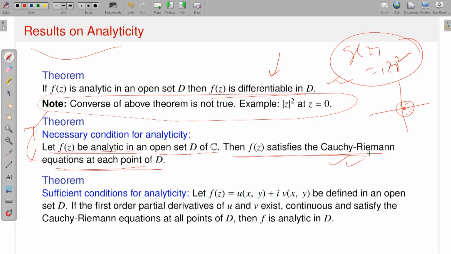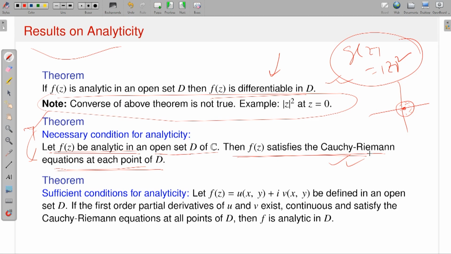Now you can ask, okay, I have a sufficient condition for differentiability. Can I have a sufficient condition for analyticity? And of course, the way I have given the definition, analyticity means it should be differentiable at each point. So what is the sufficient condition for differentiability? That means all the first order partial derivatives exist.